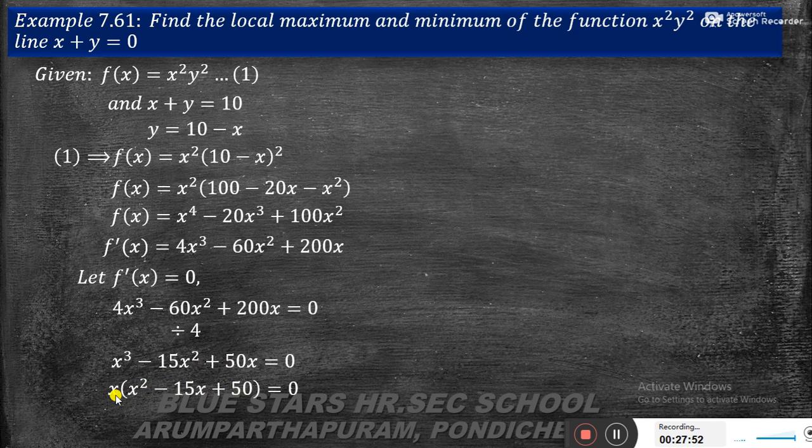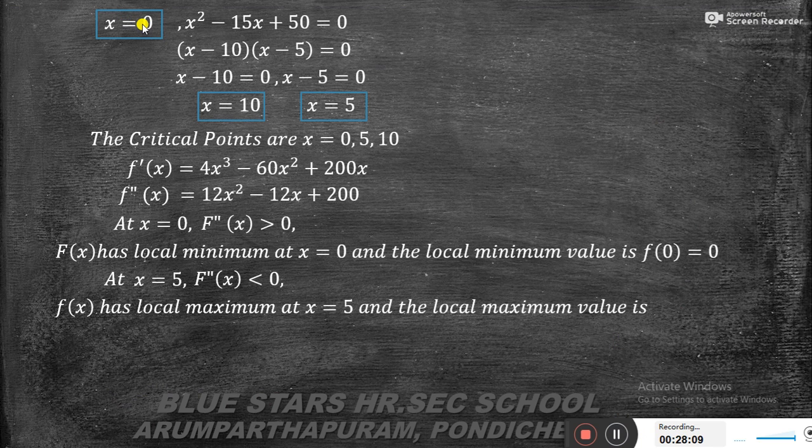Now there are two factors. The first factor is x, the second factor is x square minus 15x plus 50 equals 0. So each factor I equate to 0. So x equals 0, and x square minus 15x plus 50 equals 0.